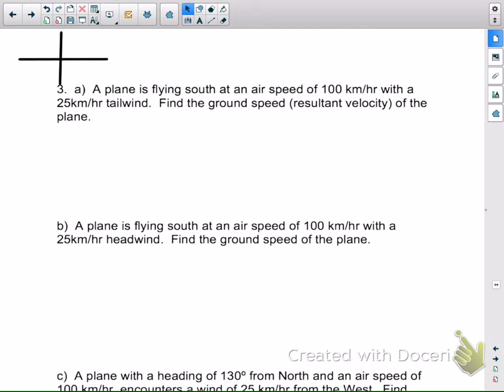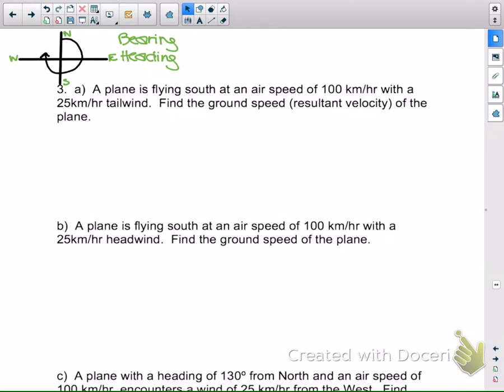Bearings, or they also call it heading or compass direction. Y'all should know your north, south, east, west. When you are given angles in terms of these, 0 degrees is north. And it goes the opposite direction of what we're used to, so it goes clockwise instead of counterclockwise. At least in the math world it does. So that's kind of how we need to think about that.